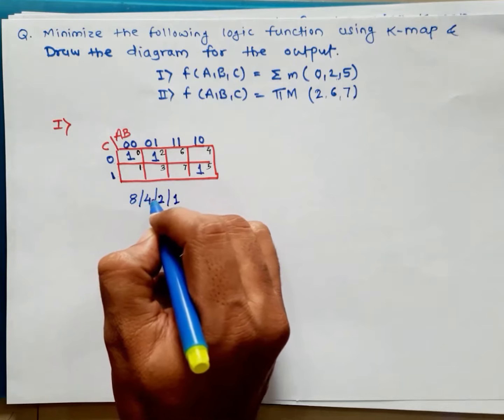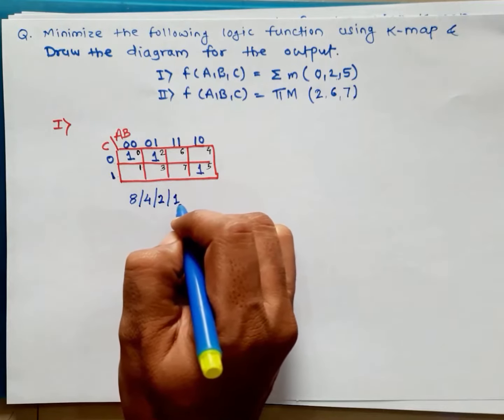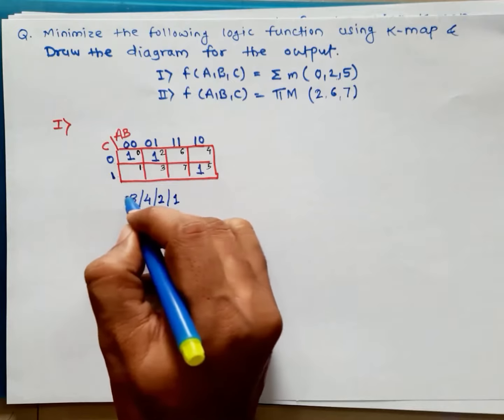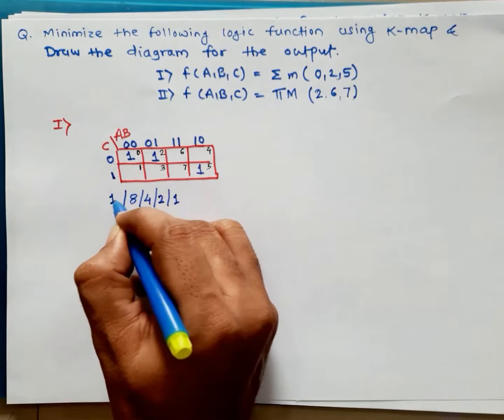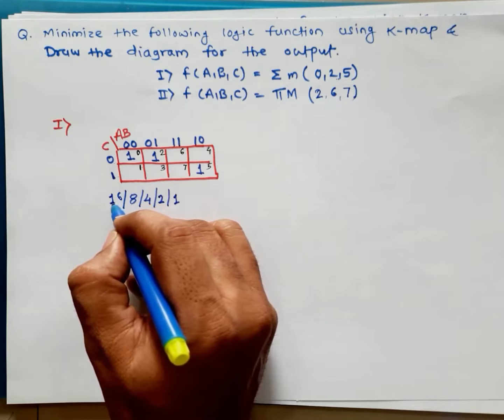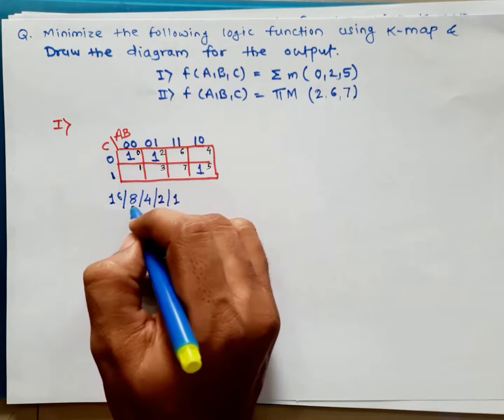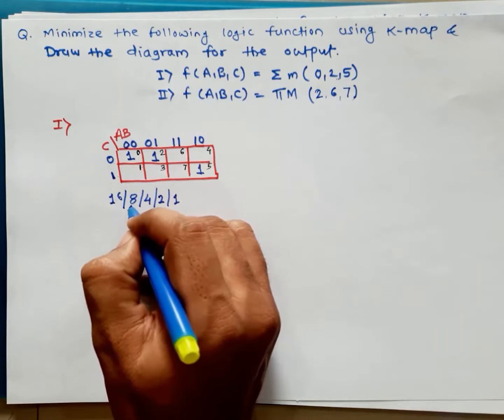Otherwise we can make a group of 4 cells, or a group of 2 cells, or otherwise single individual cells. If it is a 4 variable K-map, we can have a maximum group of 16 cells.